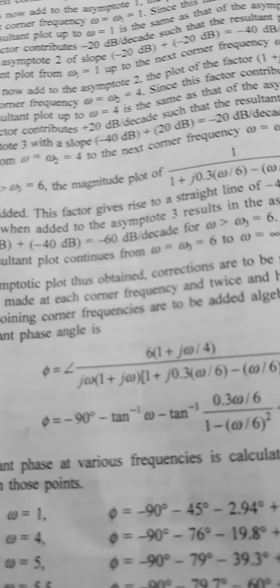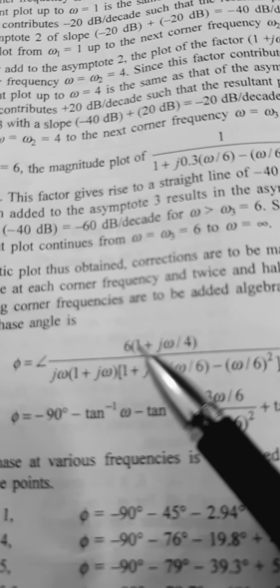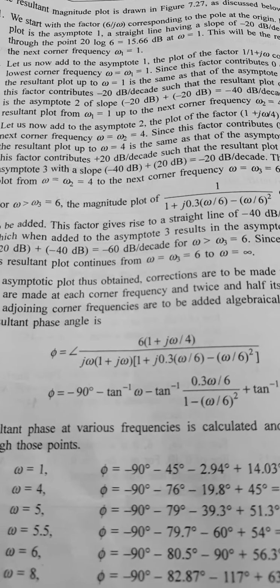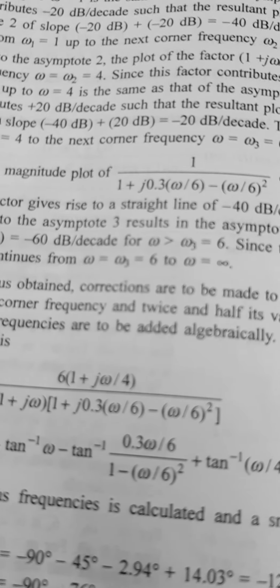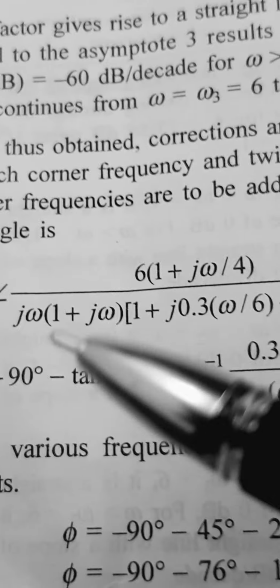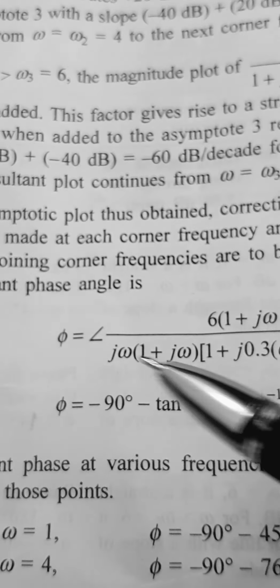Now, when you are calculating the angle, phi is the angle of 6 into 1 plus j omega by 4. You need to find this angle.